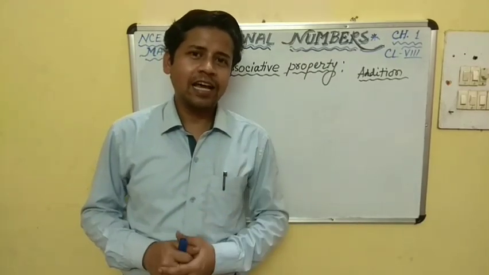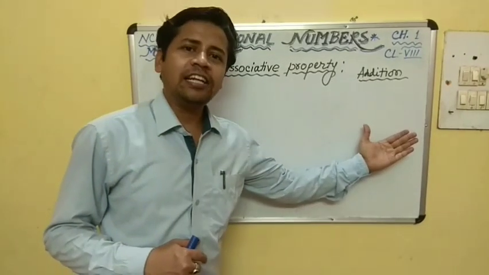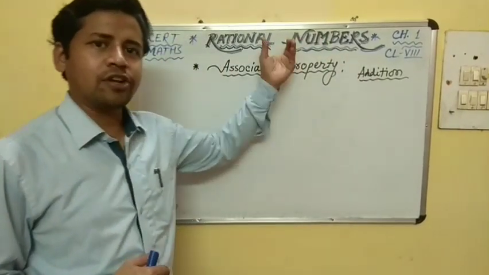So let's start. First of all, we will start with the associative property of addition in case of addition of rational numbers.